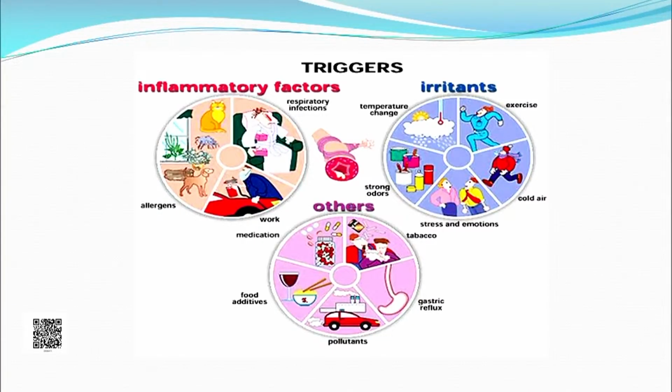So we will talk about common triggers, that is, environmental triggers: pollens from trees, grasses and weeds, especially during certain seasons, dust mites, microscopic creatures that thrive in bedding and upholstery, mold spores often found in damp areas like bathrooms and basements, animal dander which includes skin flakes, saliva and urine from pets.